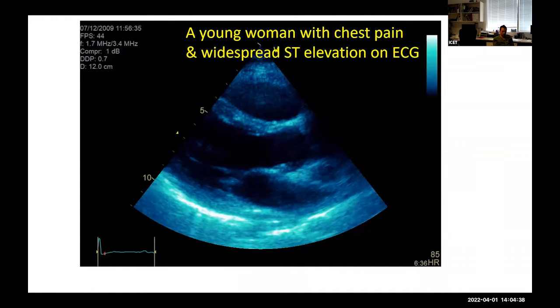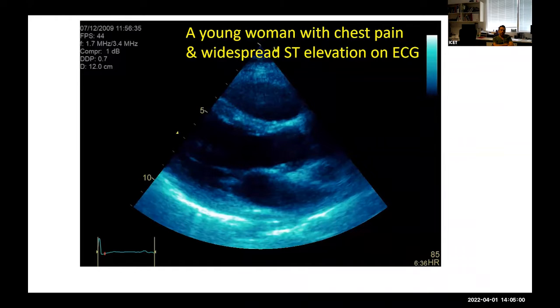So if you have somebody who comes into your hospital with a history that's suggestive of pericarditis, then it's now recommended that you get an echocardiogram within 24 hours. But the actual features in a straightforward pericarditis might be quite diverse.